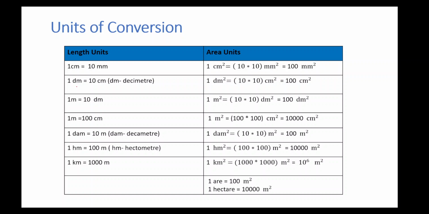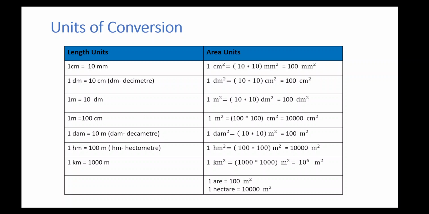Second one, 1 decimeter is equal to 10 centimeters. 1 decimeter square is equal to 100 centimeter square. 1 meter is equal to 10 decimeter. 1 meter square is equal to 100 decimeter square. Similarly, 1 meter is equal to 100 centimeters and 1 meter square is equal to 10,000 centimeter square.